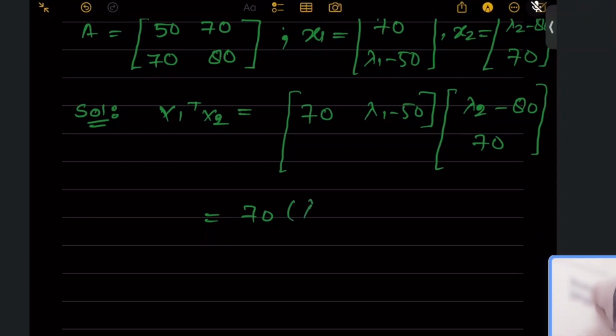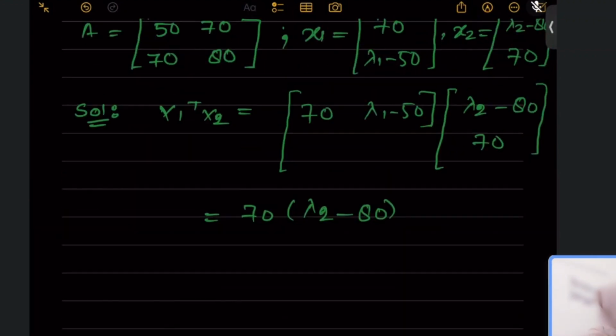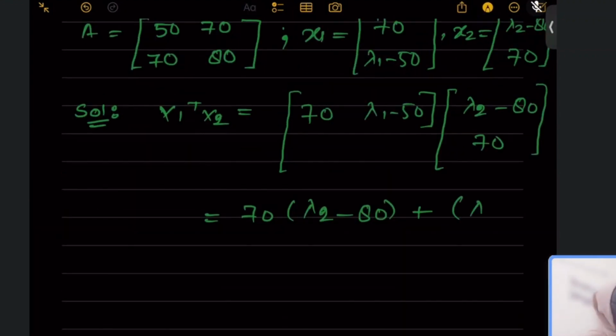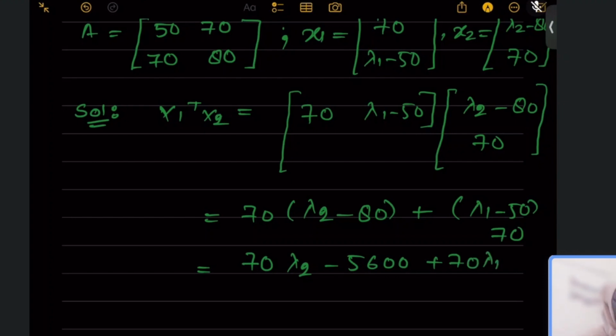Others can look at the screen. It is going to be 70 into lambda 2 minus 80 plus lambda 1 minus 50 into 70, which will be equal to 70 into lambda 2 minus 5600 plus 70 lambda 1 minus 3500.